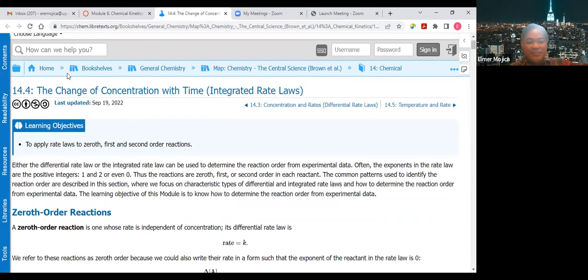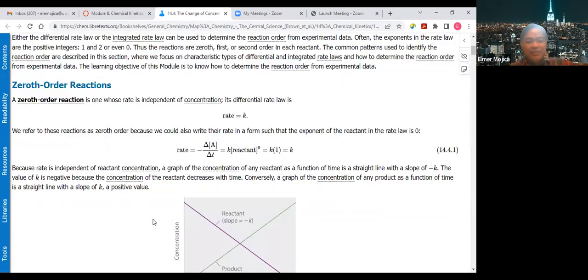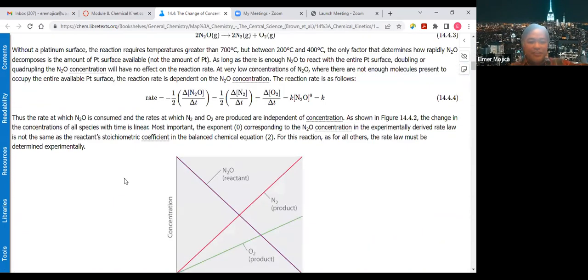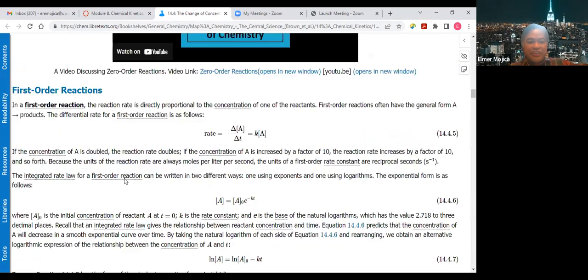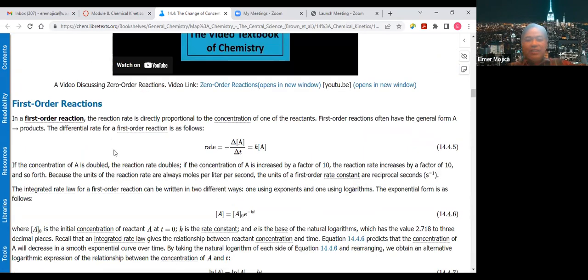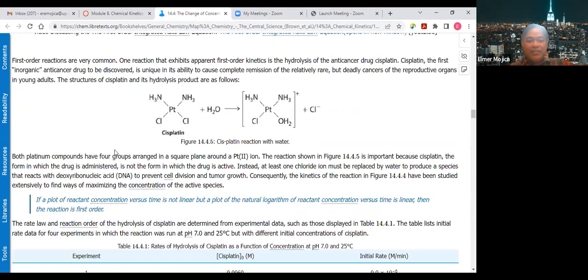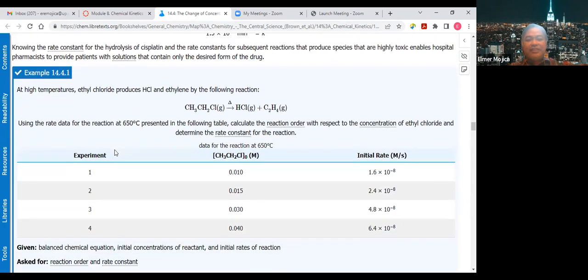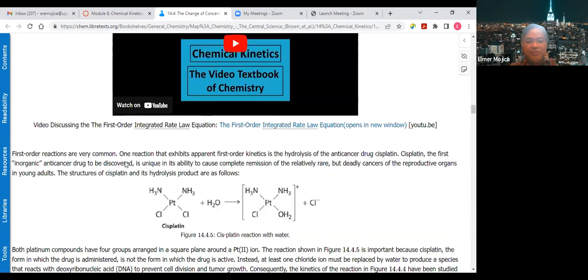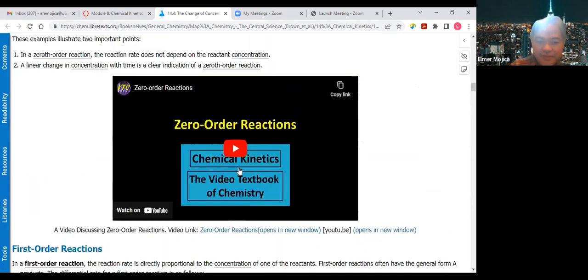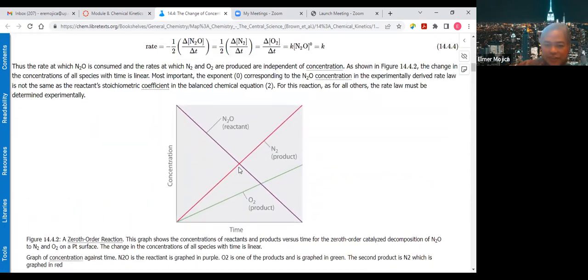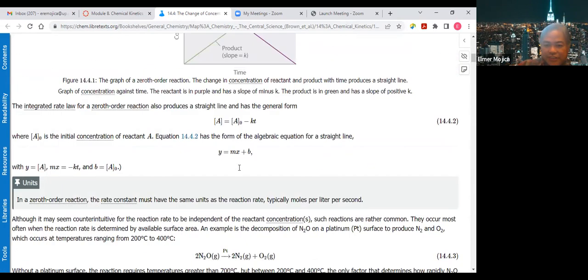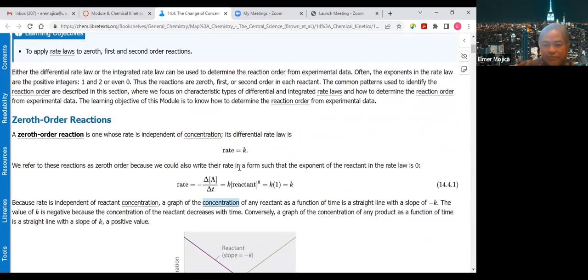Meron kang 0 order, meron kang first order. So it's a little bit long, and I think I have it in my lecture. And meron kang tinatawag na second order. So if you're going to look at the first order, we start with the zero order. So in the zero order, usually what do you have?